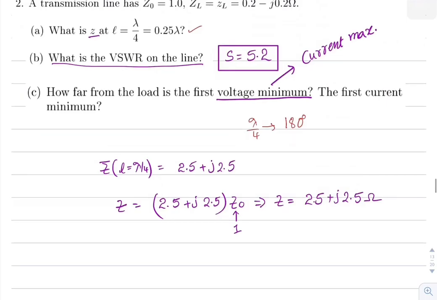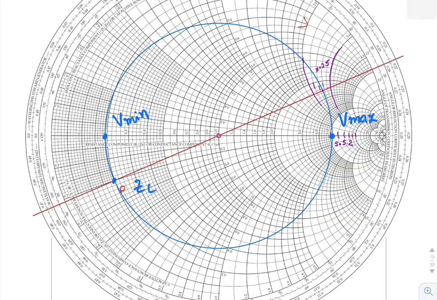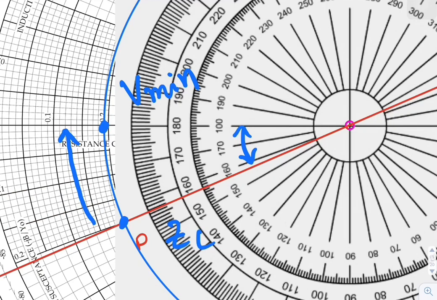Our question is, how far from the load is the first voltage minimum? From the load, this is the distance at which your first minimum exists. That means you have to find out this angle. So let us say this is 0 degrees, 10, 20, 23 degrees. So this is 23 degrees.